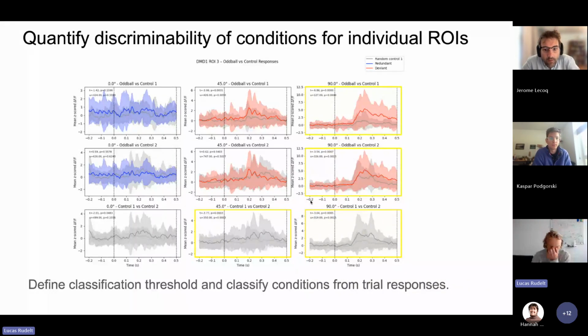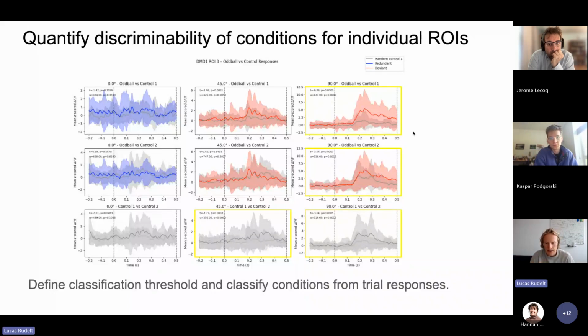Here I was following a suggestion by Sarah, who suggested using a classification approach, where the idea is to classify the condition from the trial response, kind of going the other way around. Because if we can classify the condition based on the trial response, the conditions have to be discriminable or contain different information, so to speak.